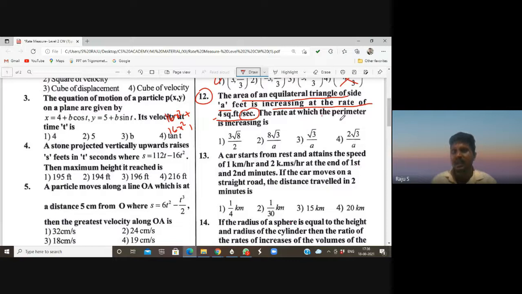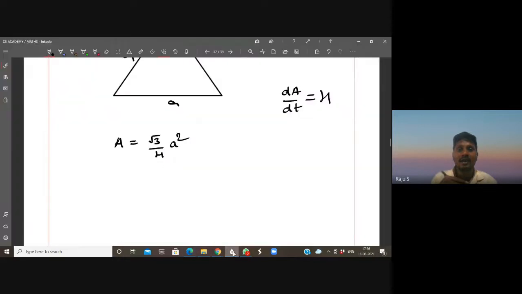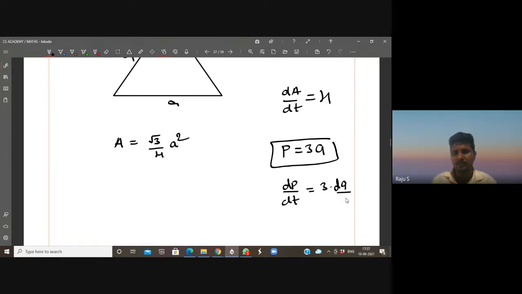The question asks the rate at which the perimeter is increasing. Since the perimeter is given by 3a, the rate of change of perimeter they are asking, so dP by dt is equal to 3 times da by dt. This we need to find.